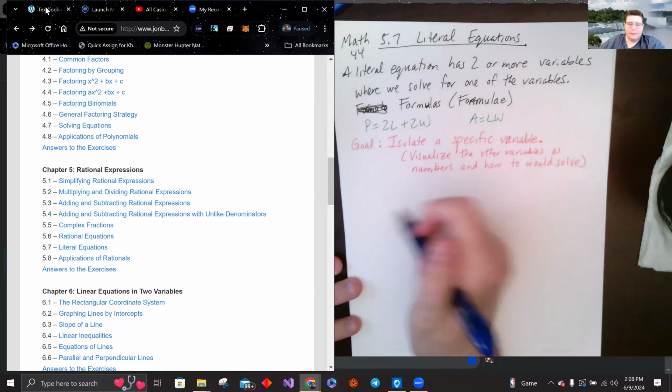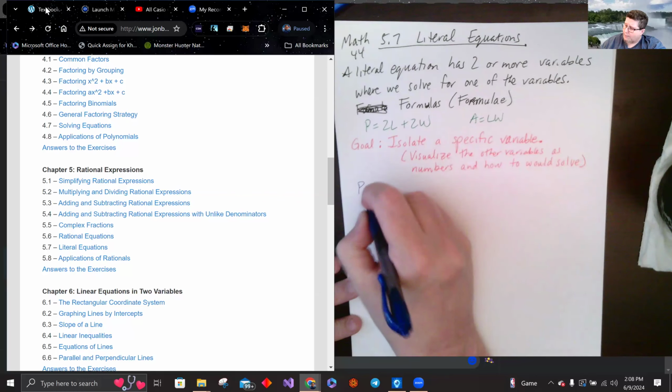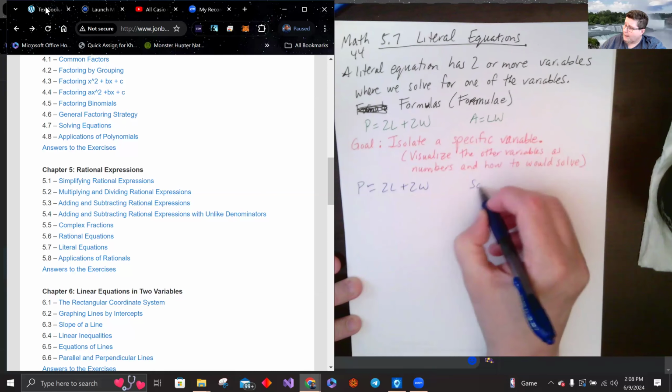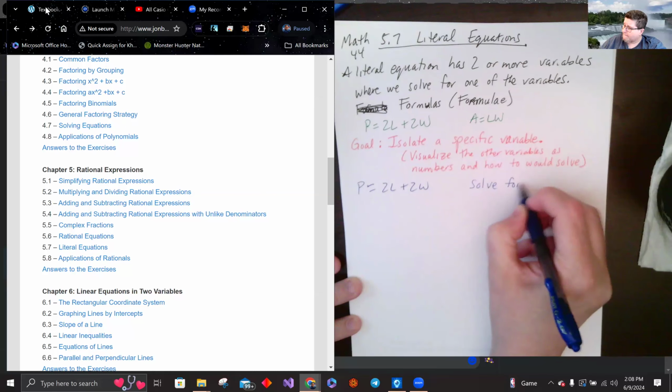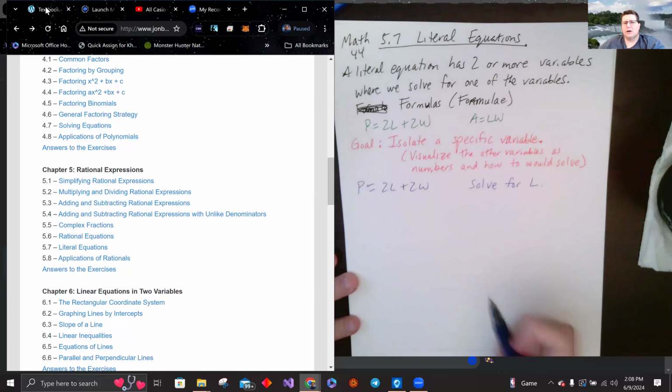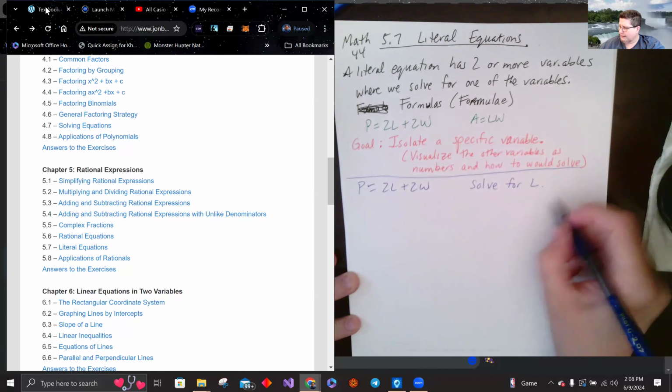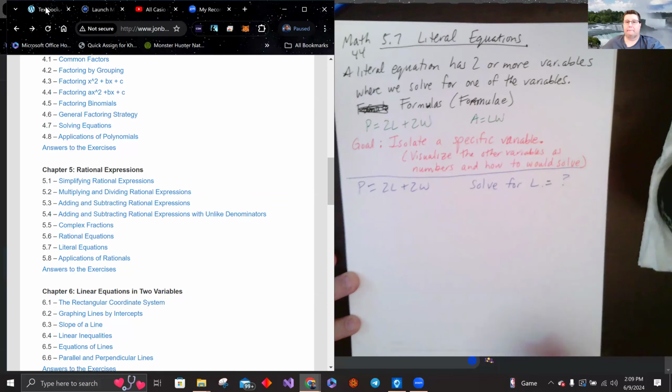Let's go with our perimeter. Let's start with that one. Perimeter equals 2L plus 2W. Let's solve for L. So when I say solve for L, I want to get L by itself. I want to say L equals what?